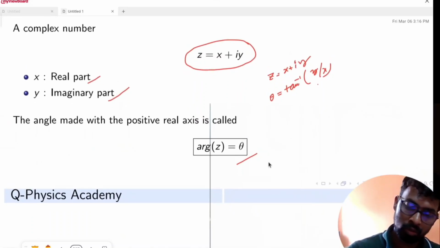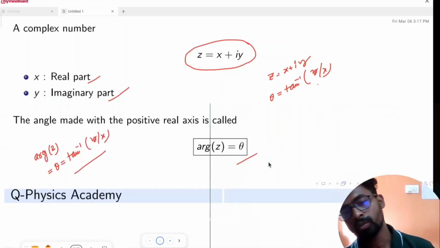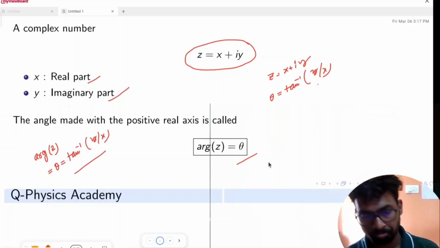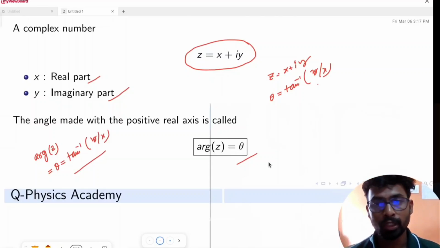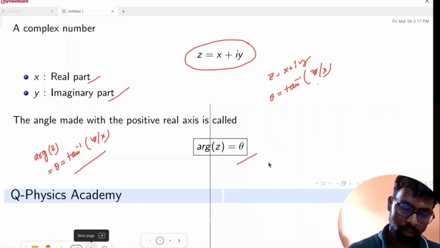For any complex number, the argument is nothing but theta, and theta is nothing but tan inverse y by x. I have to discuss here a very important part.